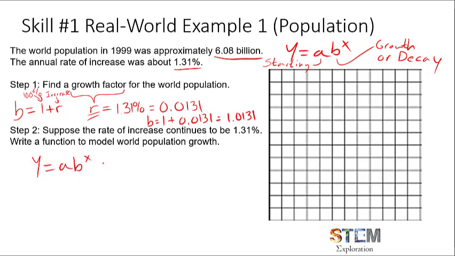B is my growth factor, so I know that b is equal to the growth factor that I just created, the 1.0131. If I multiply any number a by this for 1 year, like assume x is equal to 1, that would represent the 100% that I already have plus the rate of increase that's being indicated. The a value for any exponential model is always going to represent the starting population or amount.